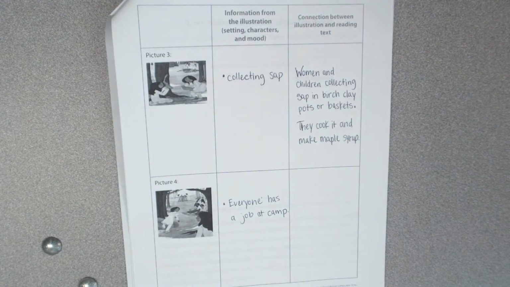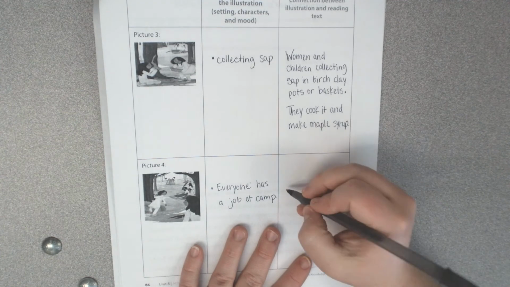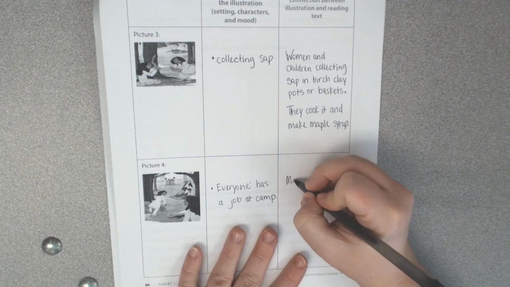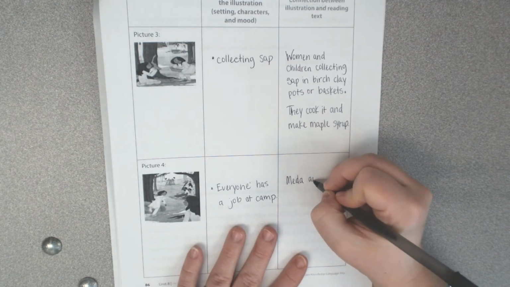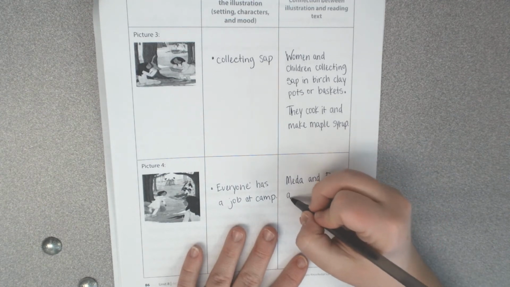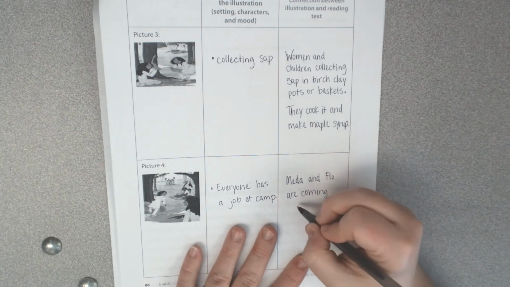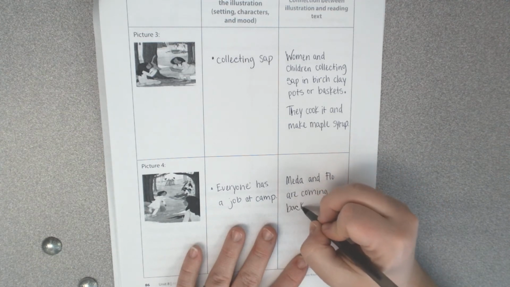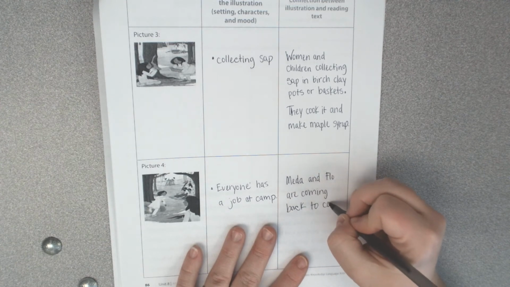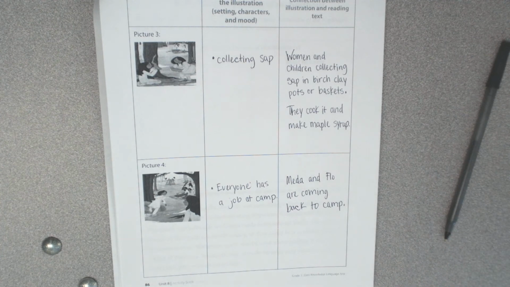They were all headed back because they were out doing something as well. So here they're coming back to camp. So Meta and Flo are coming back to camp. And they had been doing a job, hadn't they? Yeah, they definitely had.